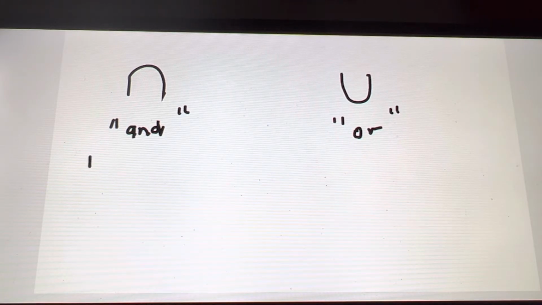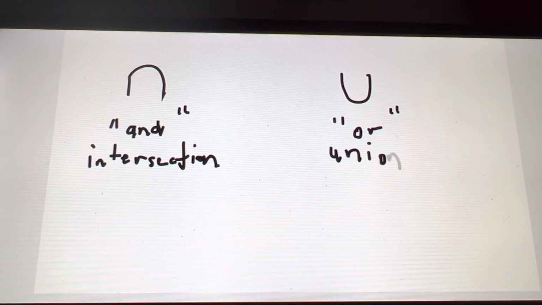This one's called intersection, while this one's called union. So we can do an intersection or a union of two sets. If you have an intersection, it means "and," so you need to be in both sets at the same time. And if you have a union, it's either or both.